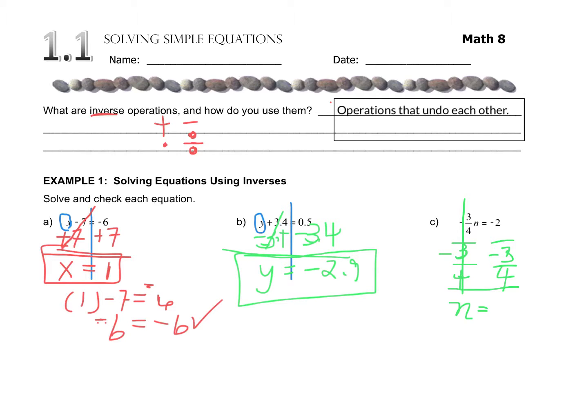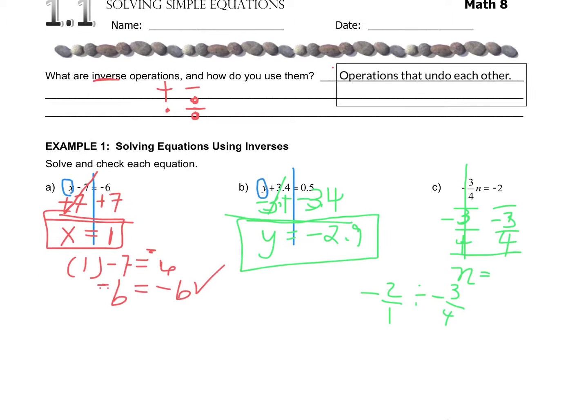Well, if we think about it, negative 2 is the same thing as negative 2 over 1, divided by that negative 3/4. That is the initial part that we're going to look at. Now, if you remember, when you divide by a fraction, you end up flipping over the second number.